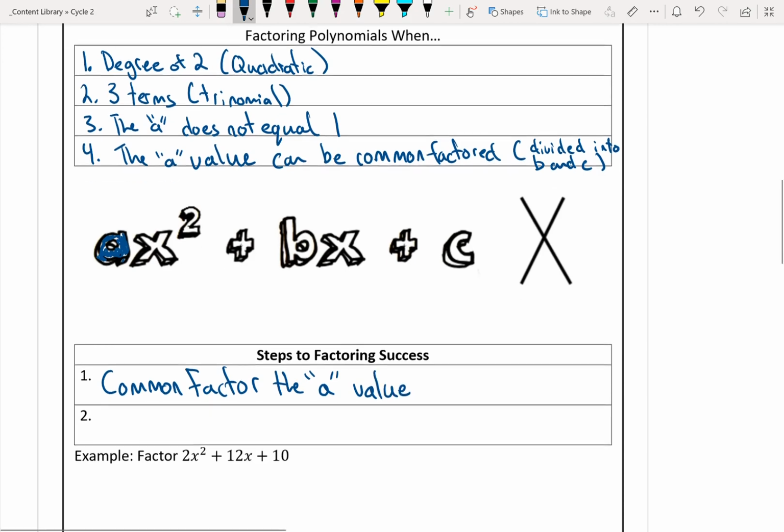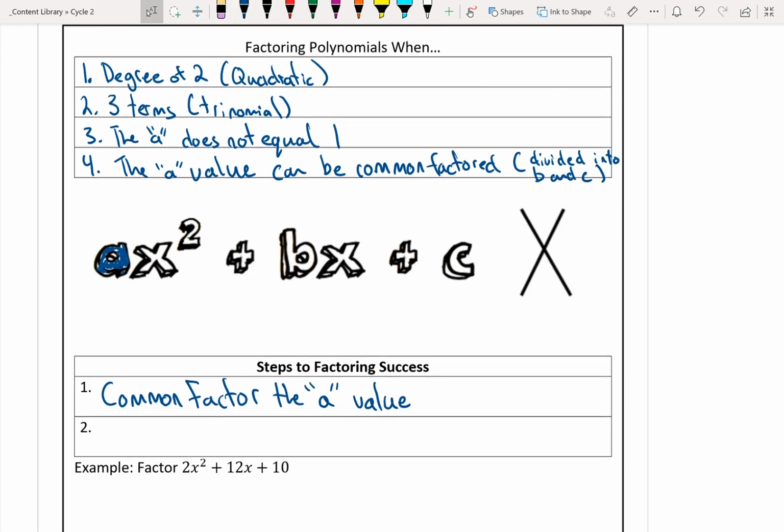I have to common factor the a value, and then the second step is to factor the trinomial as if a equals 1. So basically the steps that we've done in the previous ones.